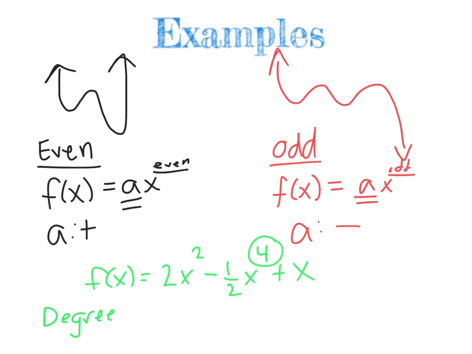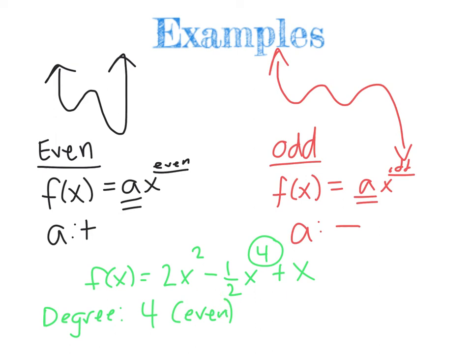And it's even. So because it's an even degree, we know that the arrows point in the same direction. So it'll probably look like the picture here somewhere on the left because it's even. The arrows point in the same direction.